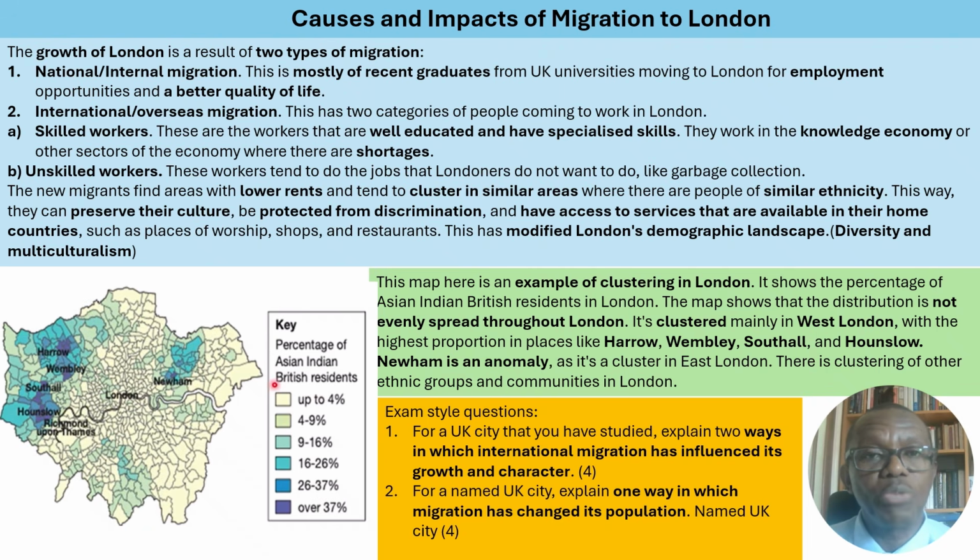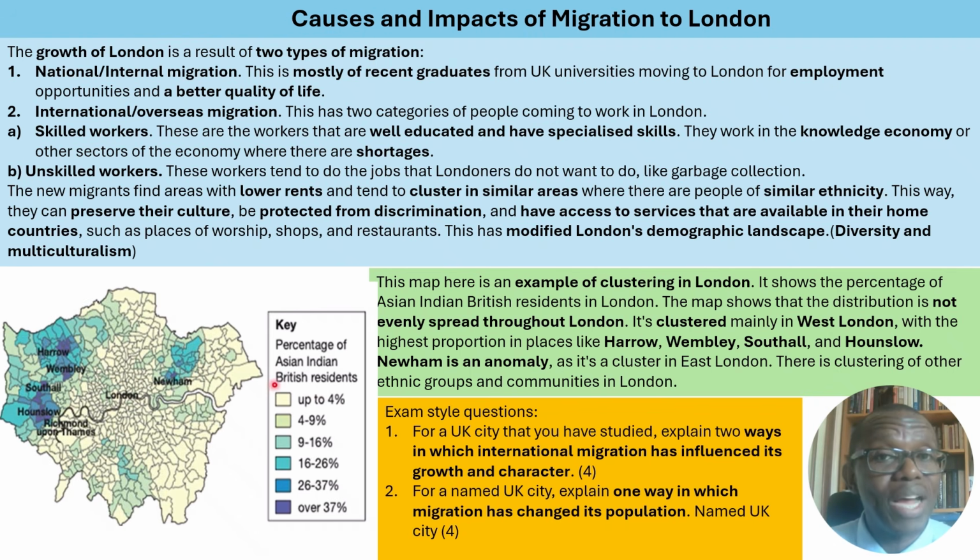The next thing our specification requires us to know is the causes and impacts of migration to London. Now, the growth of London is as a result of two types of migration. We have national or internal migration. And this is mostly migration of recent graduates from UK universities.